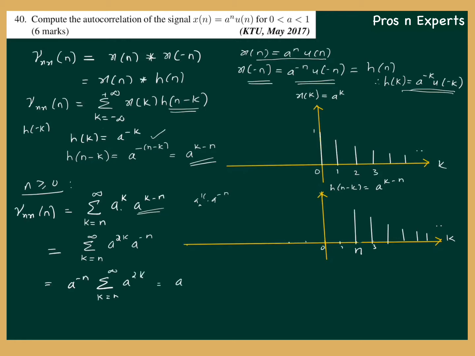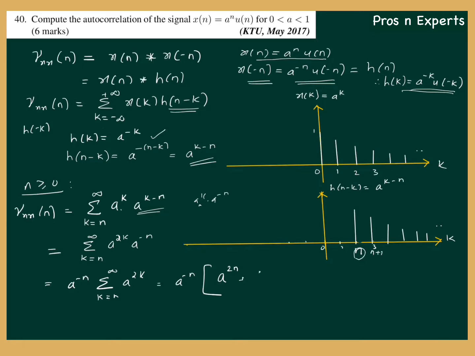Okay, so this is equal to a raised to minus n into, how can we expand the summation? For k equal to n, this becomes a raised to 2n plus, next is k equal to n plus 1, right? The next index after n is n plus 1.